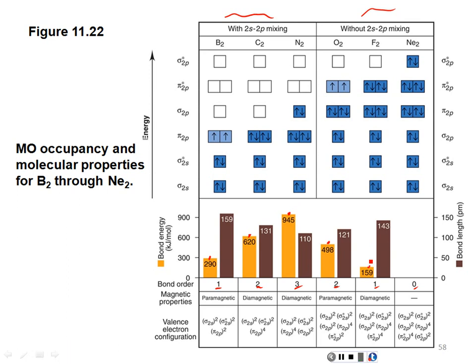And when we talked about bonding in chapter 9, we know that the energy and the bond length are inversely related. So the lower the bond energy, the higher the bond length. So the bond length is decreasing to N2, and then it increases from there on out.